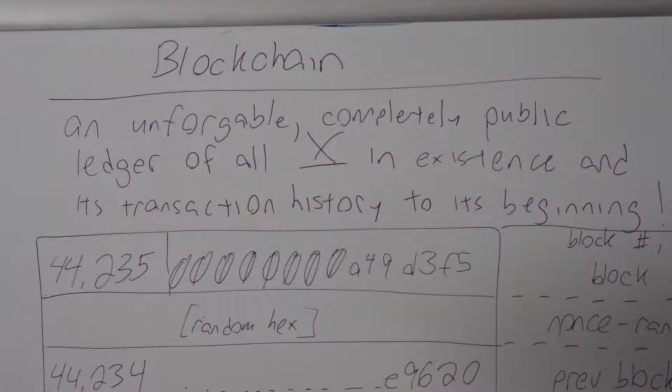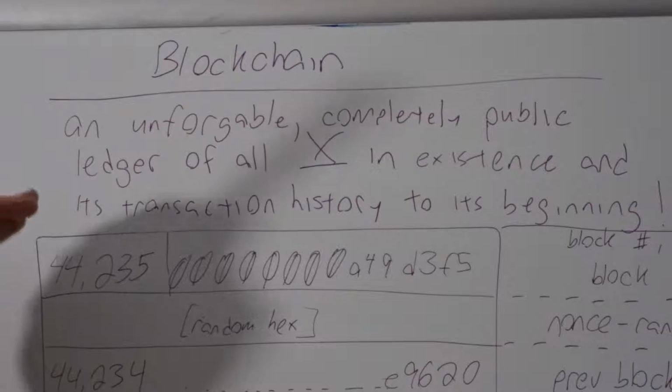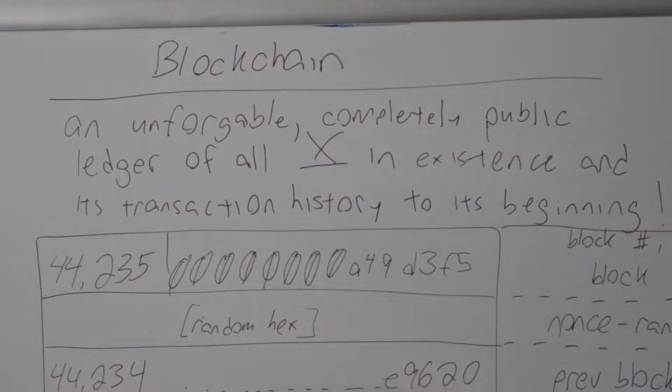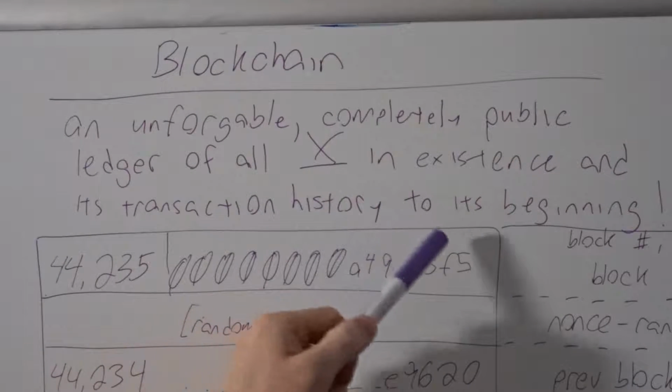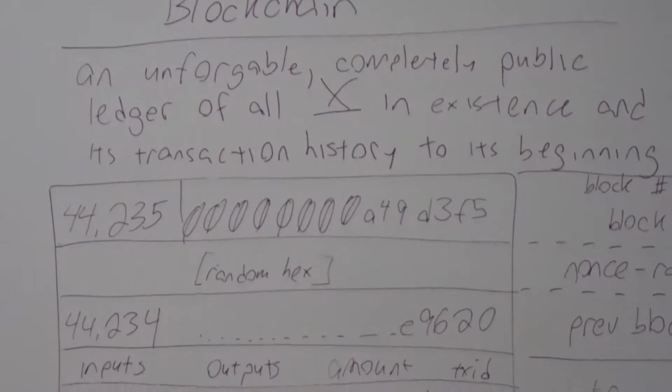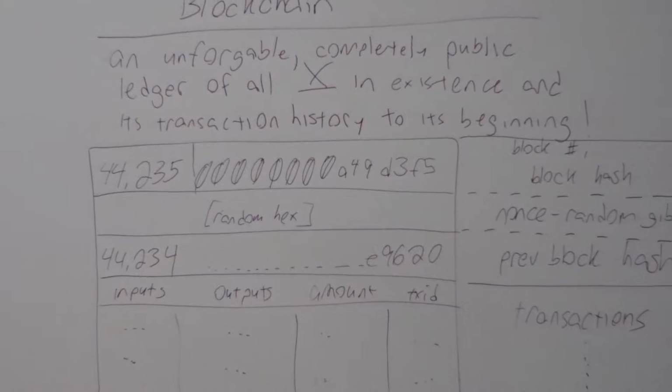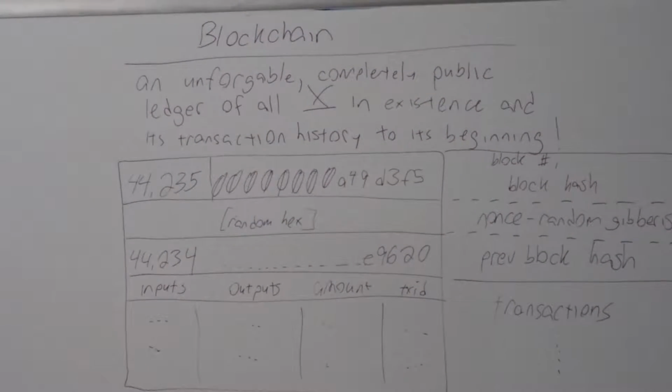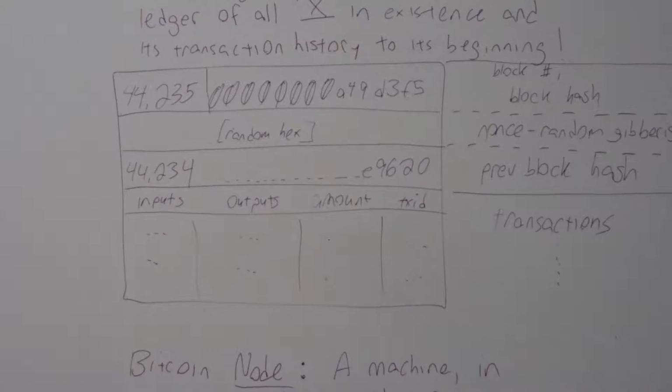You just don't know necessarily who owns that account, but the balance of every account and the entire transaction history, the froms and the tos, which we'll explain in the contents of a block very shortly, are all going to be public. And that's important because it allows any old machine in the network to verify transactions and accept payments.